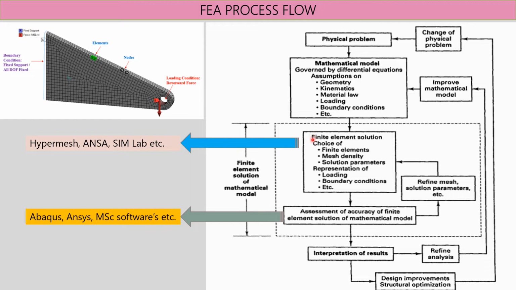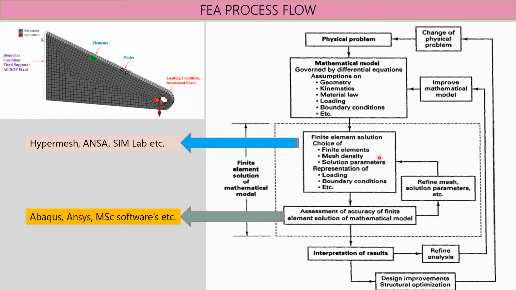Once the mathematical model has been frozen, we go for the finite element solution. This is usually called pre-processing. In pre-processing, we need to understand what type of elements can be used, what the element size is, which parameters are to be considered, and where the main concentrated zone is to analyze for the results.